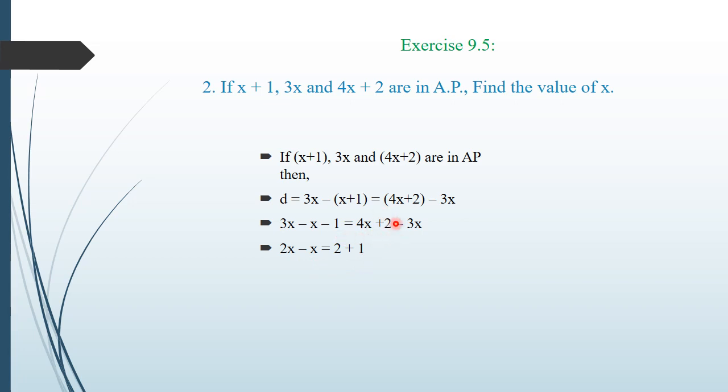Then 2 as it is here, and this minus 1 I bring to the right side, it will be plus 1. Further simplifying this, 2x minus x will be x is equal to 2 plus 1 is 3. Therefore the value of x is 3. Alternatively, if the value of x is 3, then these three terms are going to fall in AP.